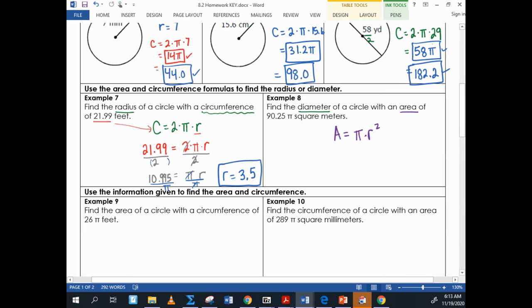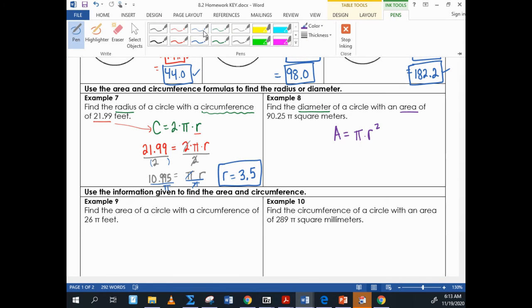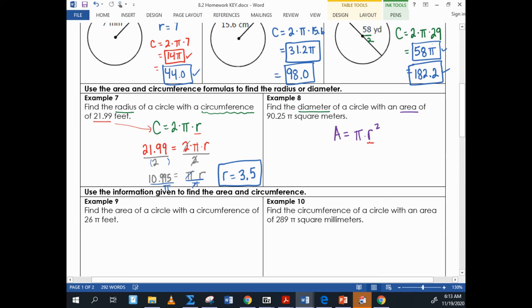Again, we're trying to find this nice, lovely radius, so we're going to just solve for r. Let's plug in our area. We know this 90.25 is our area. So we're going to plug it straight in and say that 90.25 is equal to pi times our radius squared.